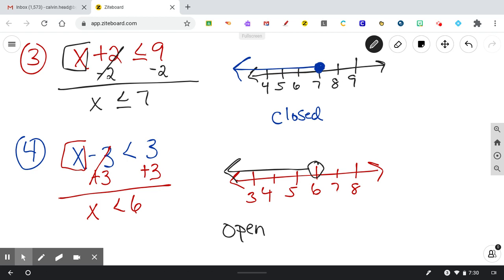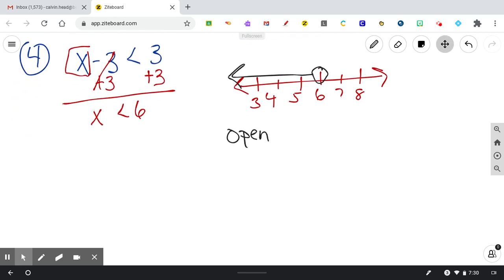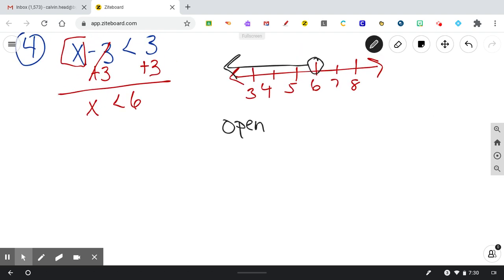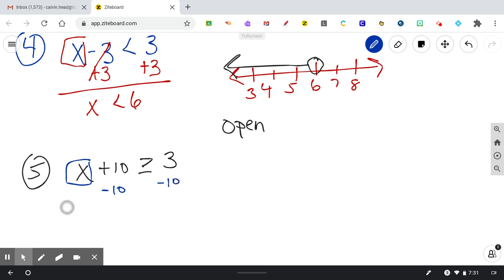Okay. Let's do one more. So I have x plus 10 greater than or equal to 3. So again, try and get that by itself. So I'm going to do the opposite here. Subtract 10 on both sides. X greater than or equal to, and 3 minus 10 is negative 7.